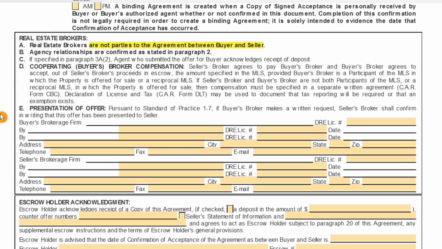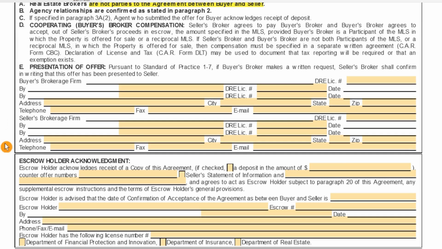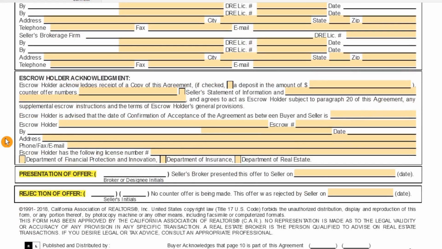The buyer's agent can make a written request to ensure that the seller's broker has presented this offer, and that's what this section pertains to. But these are simply the details of the buyer and seller's agents. And the box below that is for the escrow holder to acknowledge that they've got a copy of the agreement and other details, and then their contact information and all that goes down here as well.